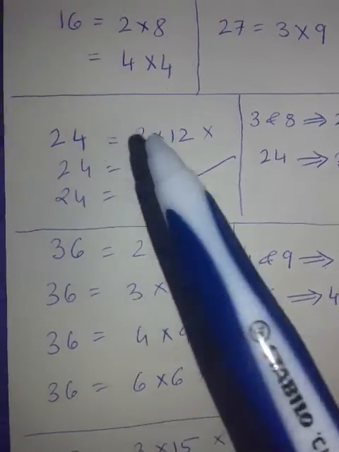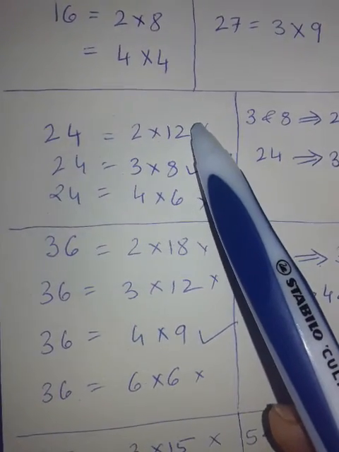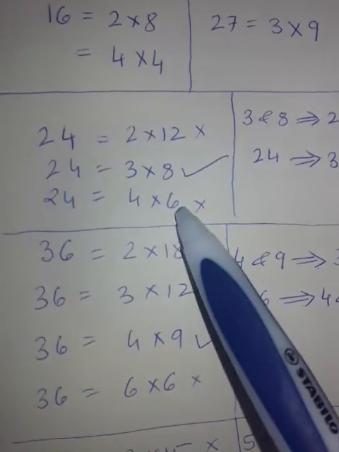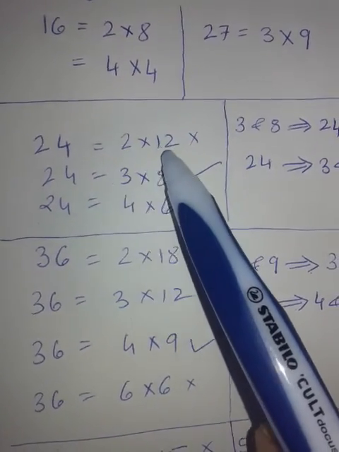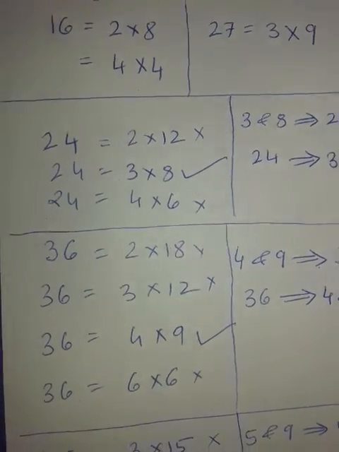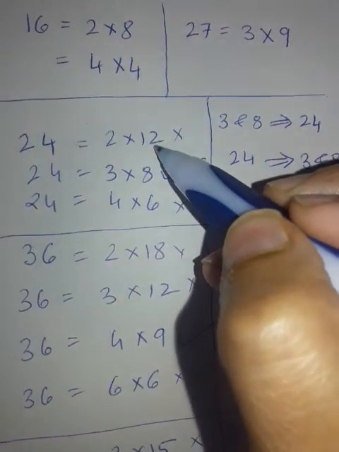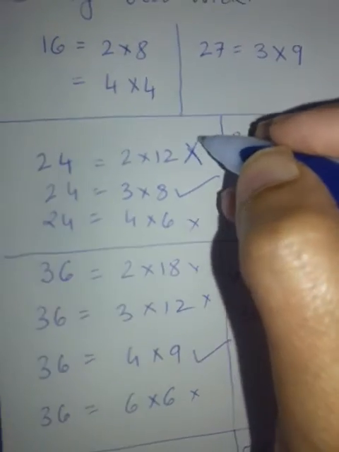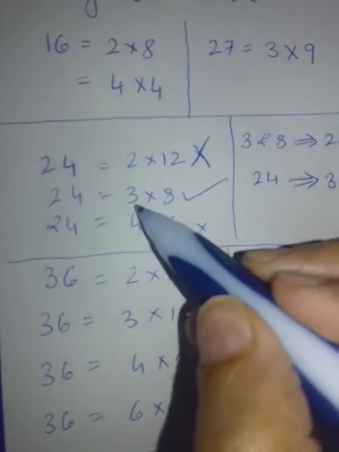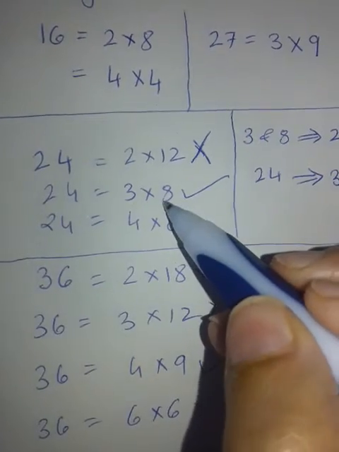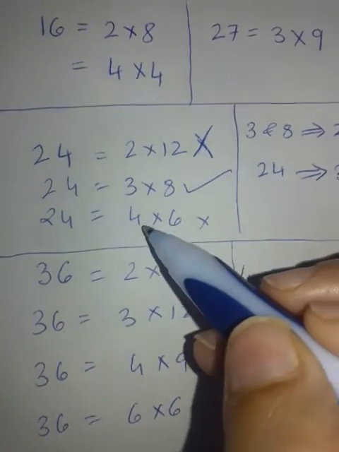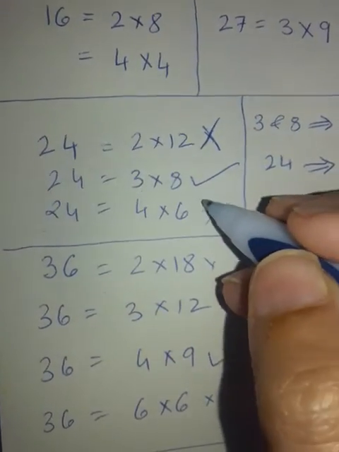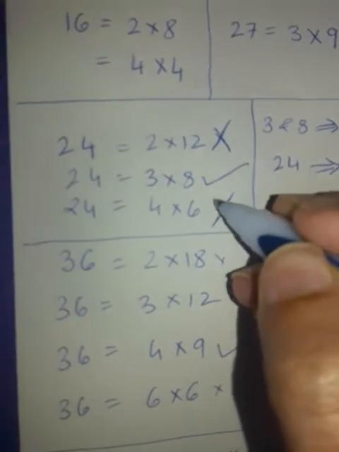24. 24 can be factorized as 2 into 12, 3 into 8 and 4 into 6. If I consider this pair 2 into 12, 2 is a common factor between 2 and 12. So this pair not good for us. 3 and 8, they do not have any common factor, good for us. 4 and 6, their common factor is 2, so not good for us.